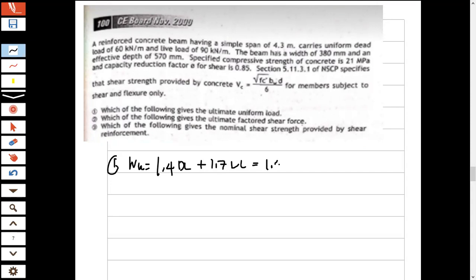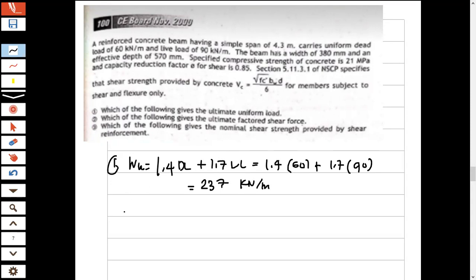So you have your 1.4 dead load, which is dead load is 60. Then you have 1.7 live load is 90. Okay? So WU is 237 kilonewton per meter.